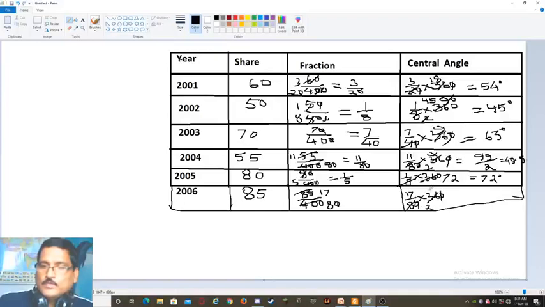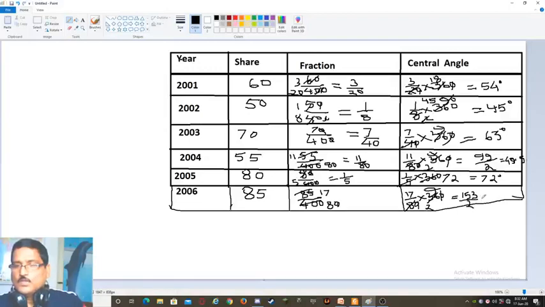If you cut by 4, you will get 9. So what I will do, 9 17s are 153 by 2, that will be equivalent to 76.5. 76 point, maximum 0.5 you can use.